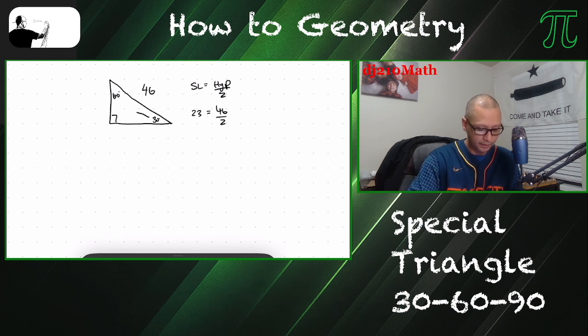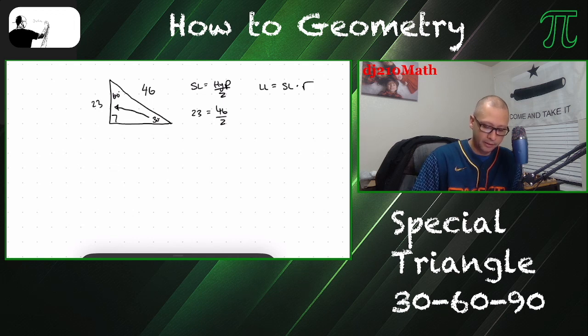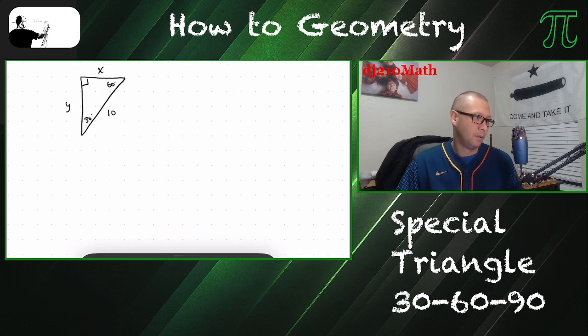The short leg is across from the small angle. And the long leg is going to be the short leg times root 3. 23 root 3.